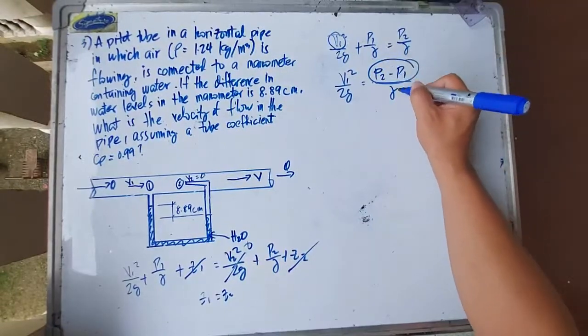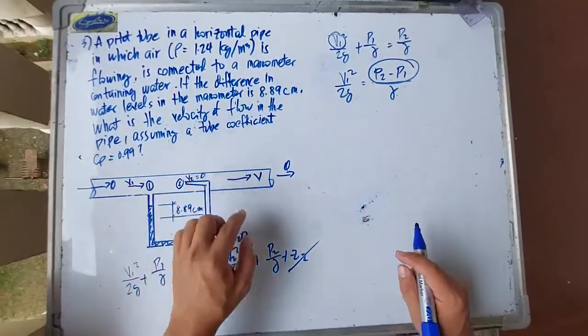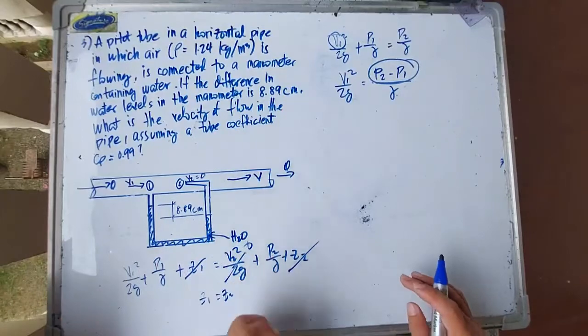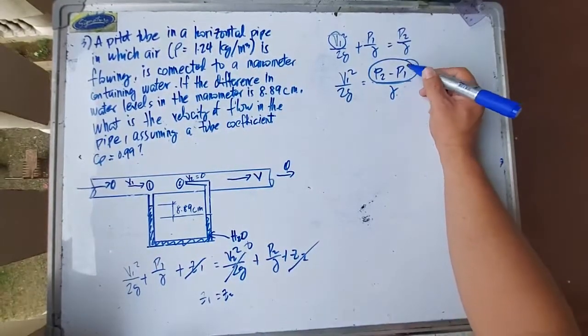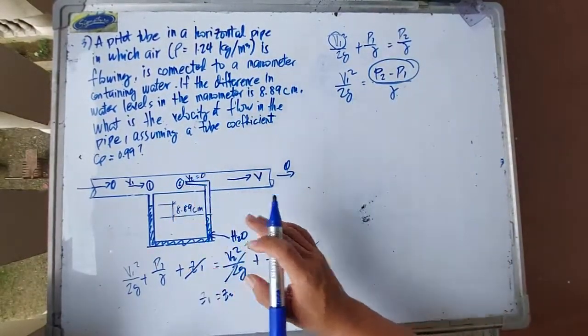We need the gamma of air, since we're dealing with air here, and we need the difference in pressure between the 2 points.